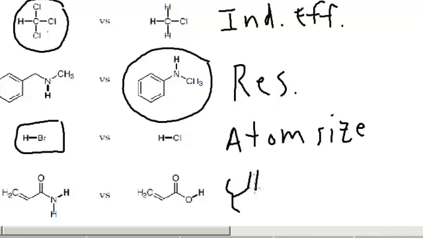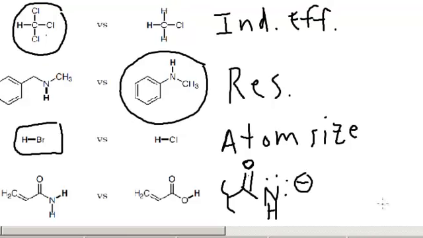So here's the conjugate base of the leftmost drawing, and here's the conjugate base of the rightmost drawing.